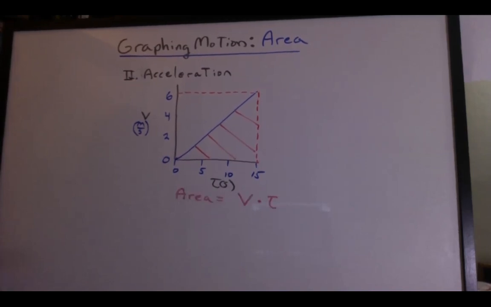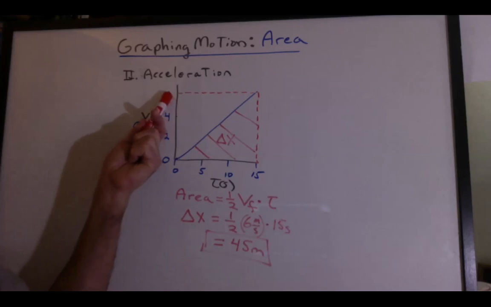So the area of height times width has to be modified with a 1/2. And we have to be sure to use the final velocity. So the displacement is going to be 1/2 times 6 meters per second times 15 seconds. And that's 45 meters.